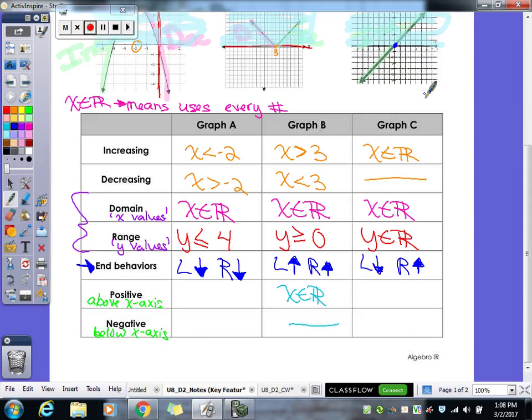If we look at our line, it switches from positive to negative right here when x is 0. So when x is over here greater than 0, it's what? Positive. So when x is greater than 0, that one's positive. It's up in my shaded region there. So then my negative has to be when x is less than 0.